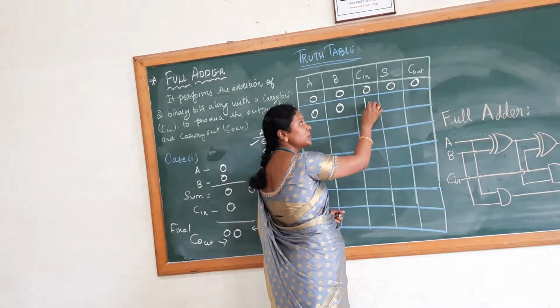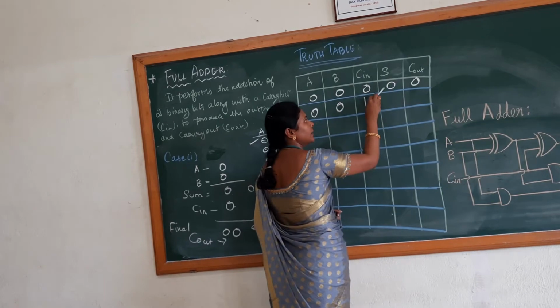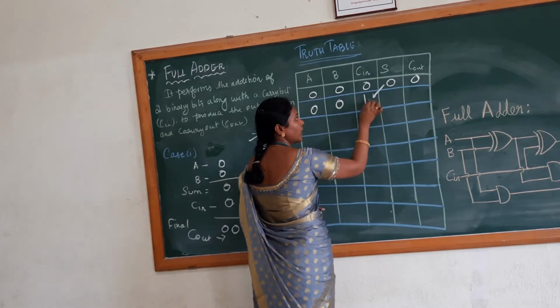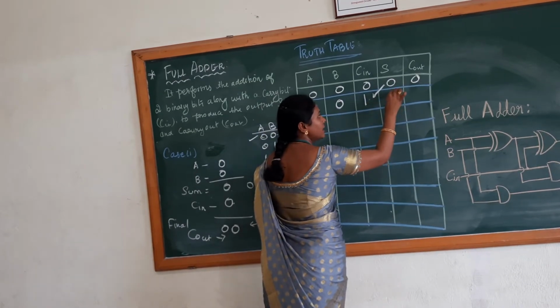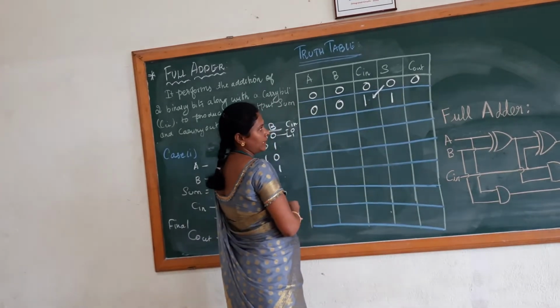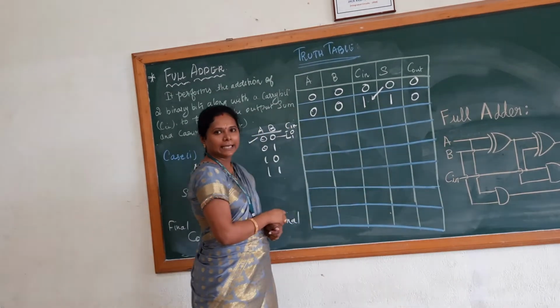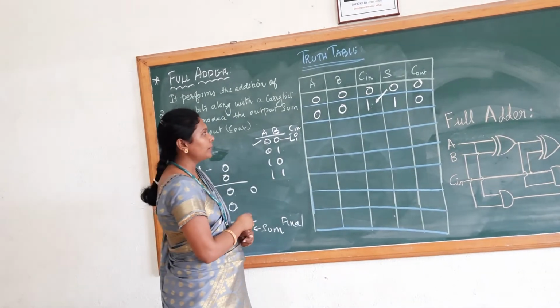So the sum bit would be changed to 1. Would the carry be generated? No, so it is still 0. Did you get what I am trying to say?